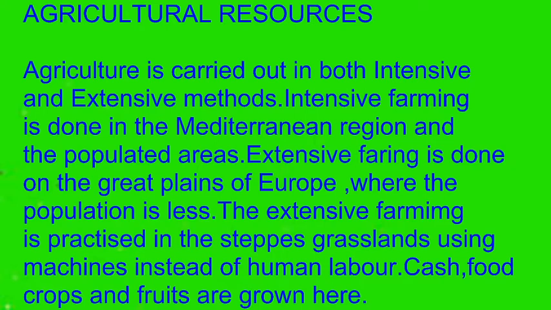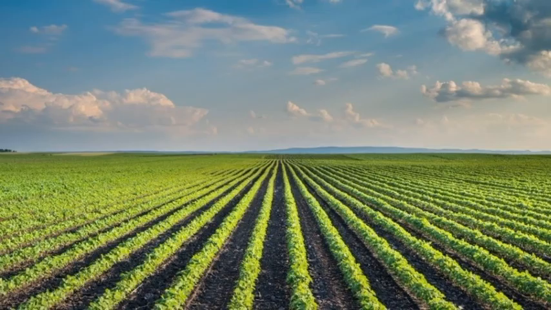So extensive farming basically means where machines are used instead of human labor, and we have single crop growing in these big fields. Like for instance, we have crops like wheat and so on. Cash crops as well as food crops are grown, and even fruits are also grown in this continent. So we can just see how the extensive field looks.